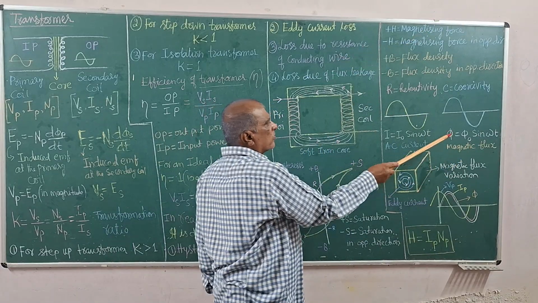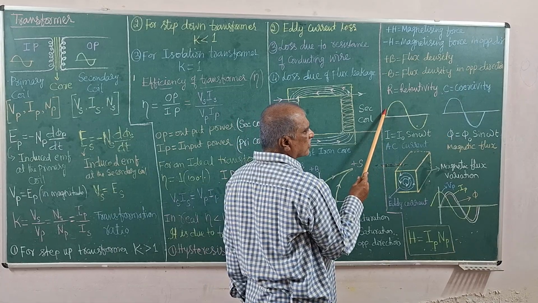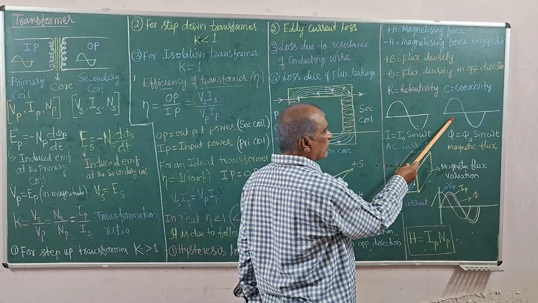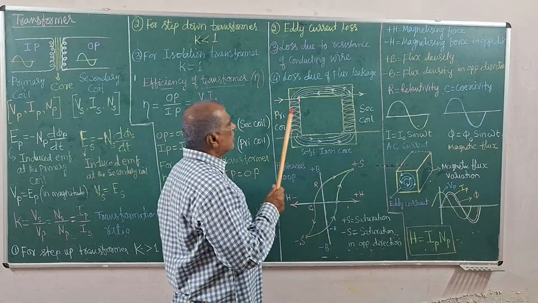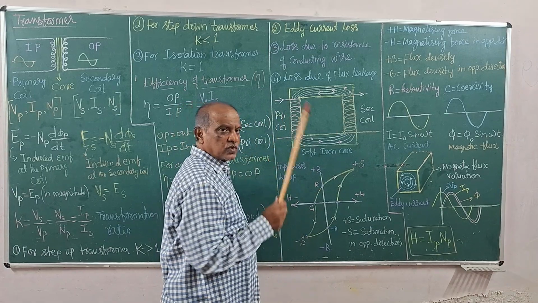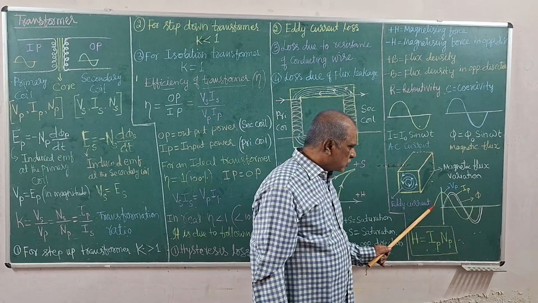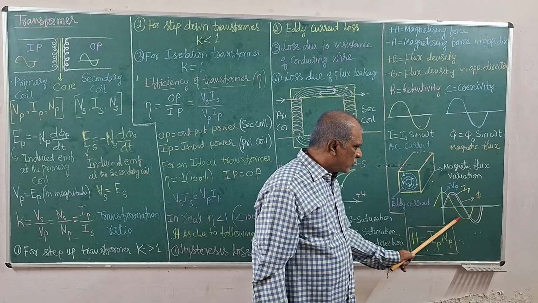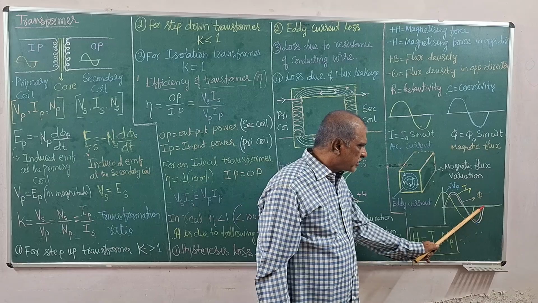There is similarity between the AC current and the flux in the magnetic material. In the primary coil, we have both current and voltage, both sinusoidal waves, as already told in the previous classes. One wave is the voltage, and the white one is the current.